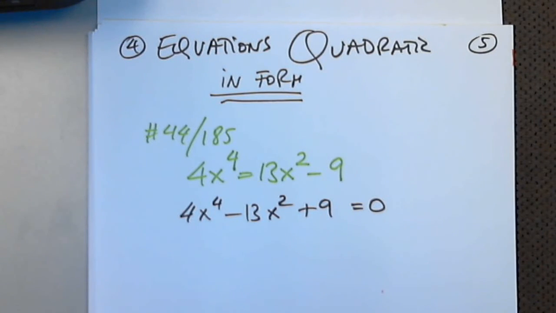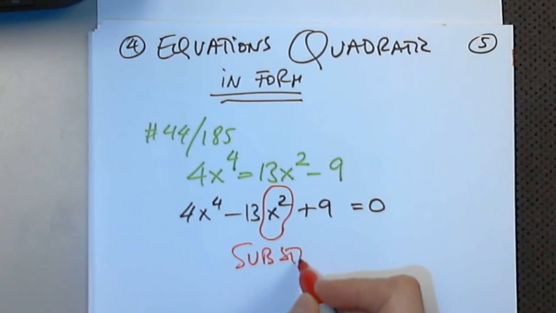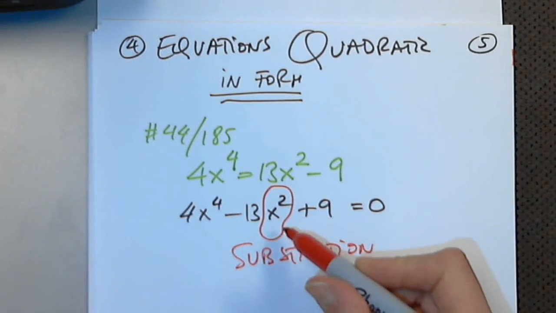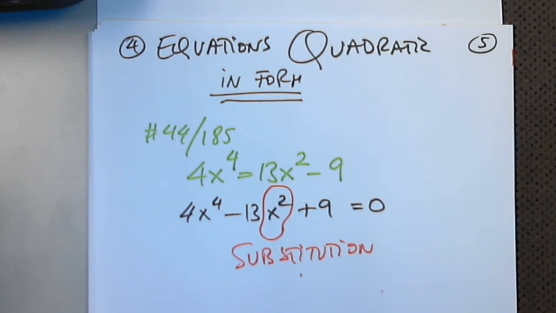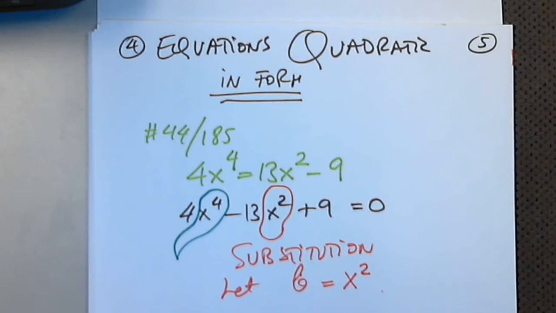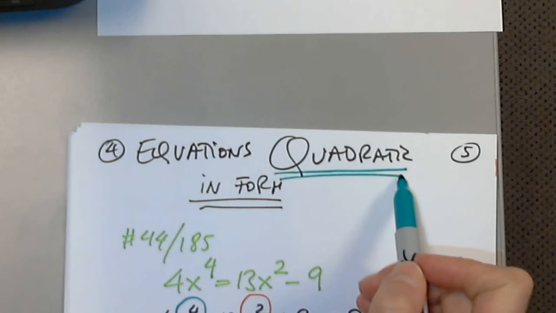And I'm looking at this and I see that if I use a substitution, or I replace x squared, let's say, give me a letter, not x. B. So if I say let b be x squared, only if this can be replaced by b cubed, then this will not be quadratic in form, and I will not know how to solve it.